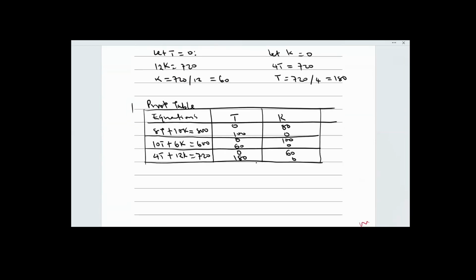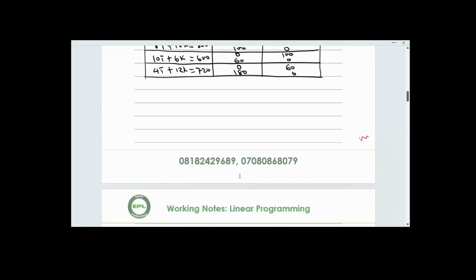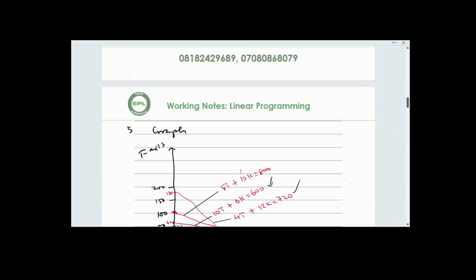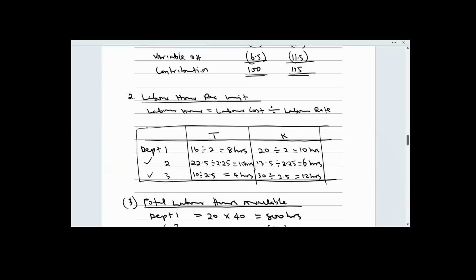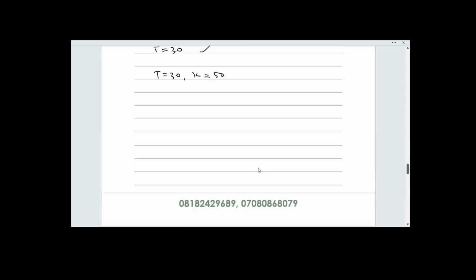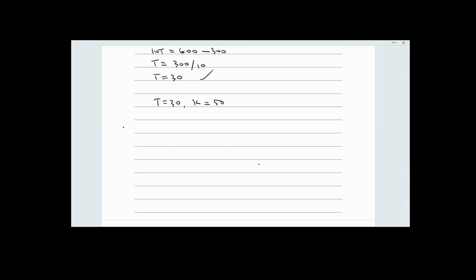This graph is 4. Then step 5 is what we want to do. Step 5 is the solution table. We construct a solution table.